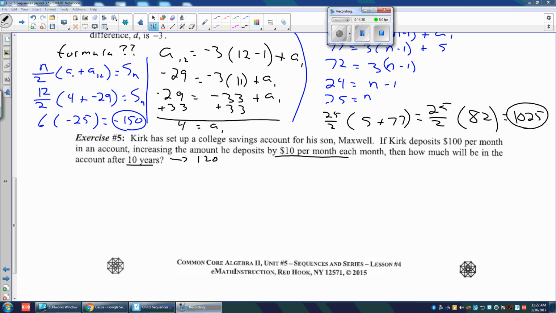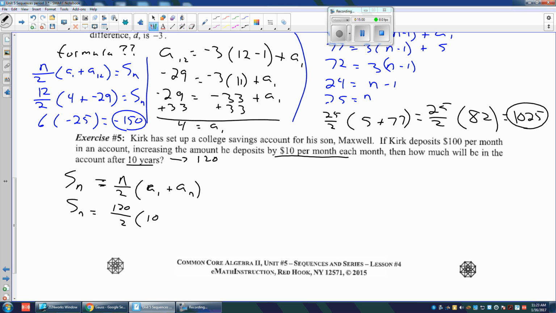So let's see if I can use the n divided by 2, and then the starting amount plus the last amount. That's going to equal the sum. So if we go down this road, we see that it's 120 divided by 2, and then the first amount is $100, and we don't know what the last amount is.